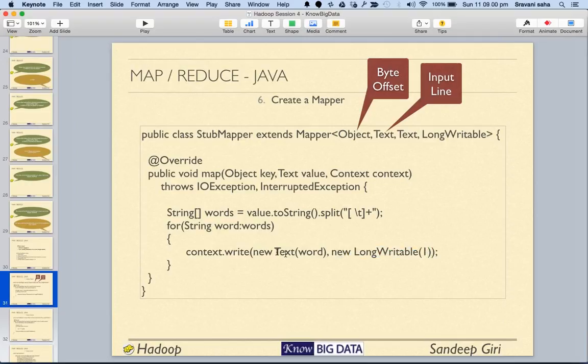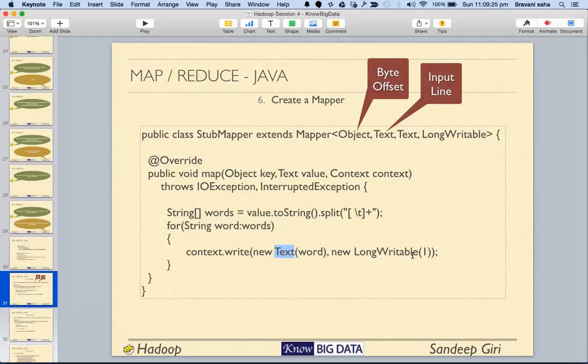Now new Text is like a wrapper over your actual word, because you cannot give a normal string to Hadoop because they have their own different data types. So you have to basically box it, like gift wrap it. If it's a string, you have to gift wrap it into Text.